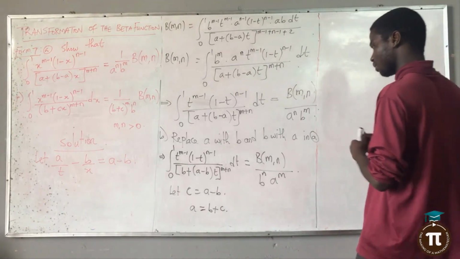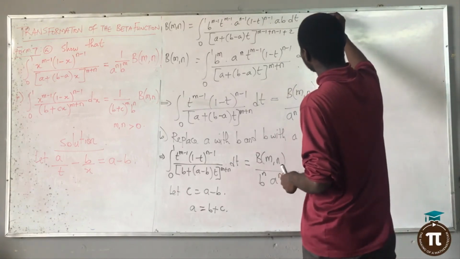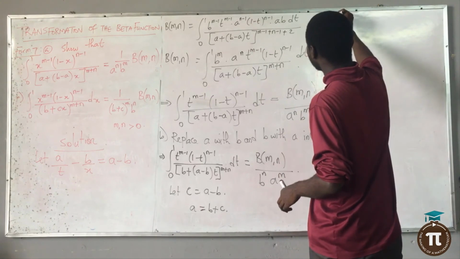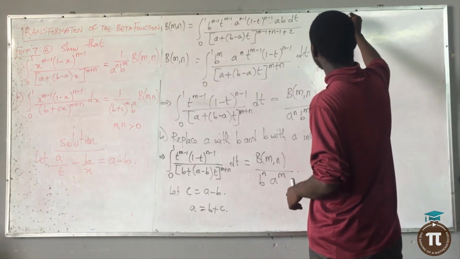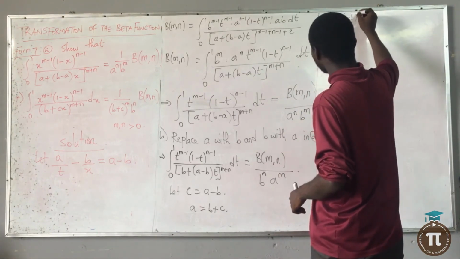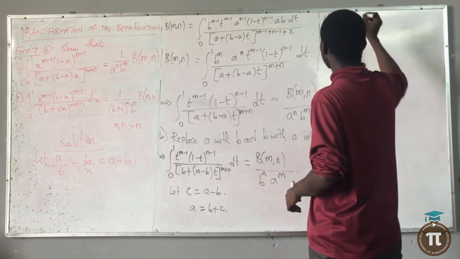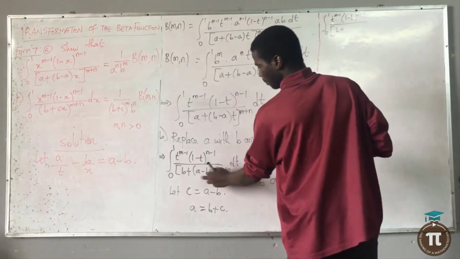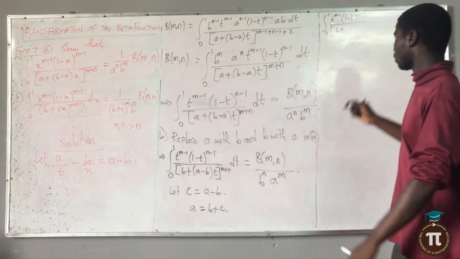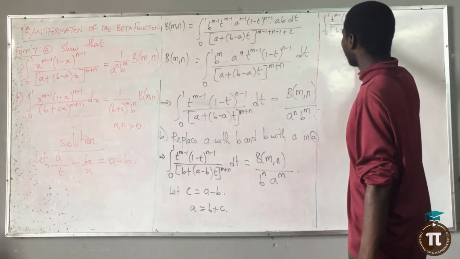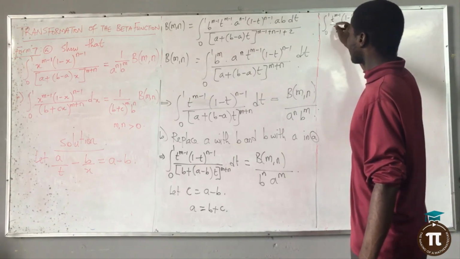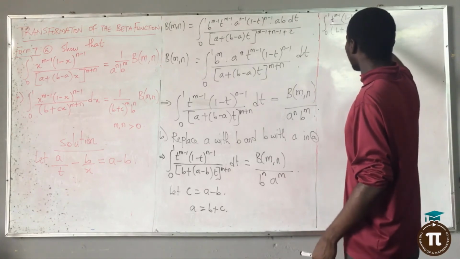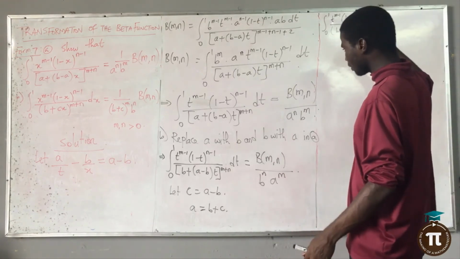So if I let that, what will happen is that I will have an integral from 0 to 1 of t raised to the power of m minus 1, 1 minus t raised to the power of n minus 1 over, I have b plus (a minus b), which is now c, so I have b plus ct, raised to the power of m plus n.